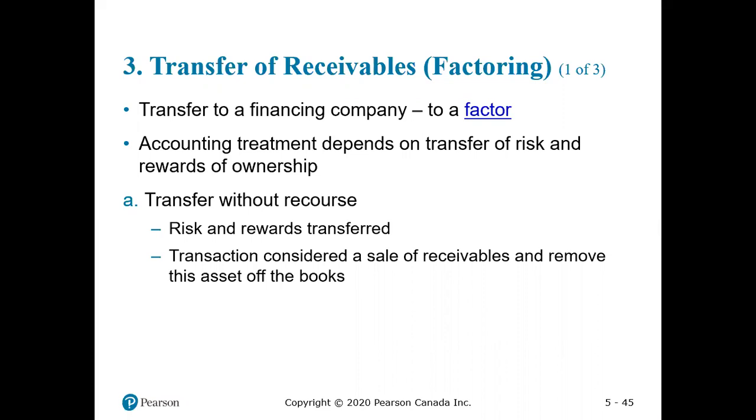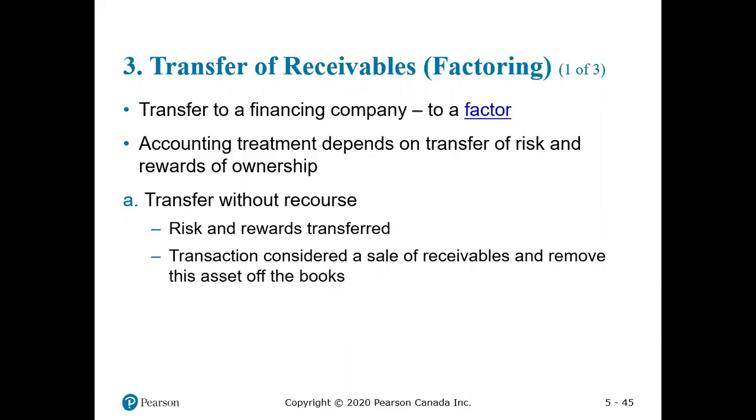So for example, say that company A has $100,000 worth of receivables, and they don't know if they can actually collect these, so they transfer them to a different company who will try to collect on those receivables. Let's say they transfer those receivables to company B without recourse. What that means is that if company B ends up not being able to collect the entire $100,000, they can't go back to company A and say, hey, we couldn't collect this amount, so you owe this to us.